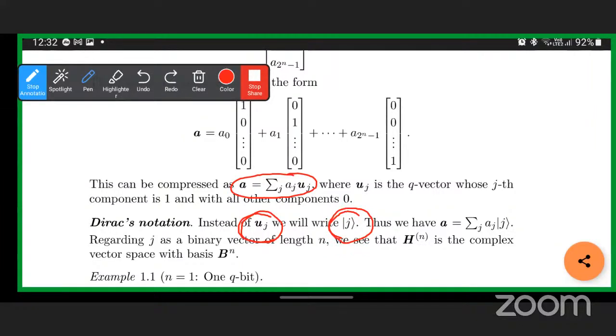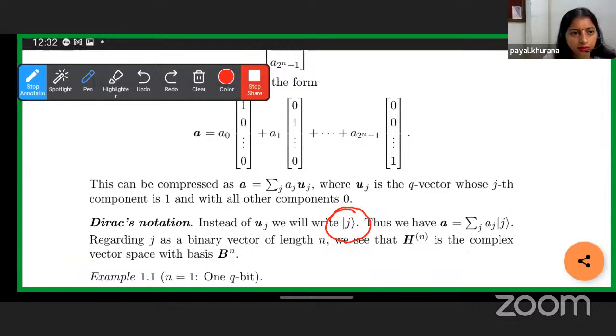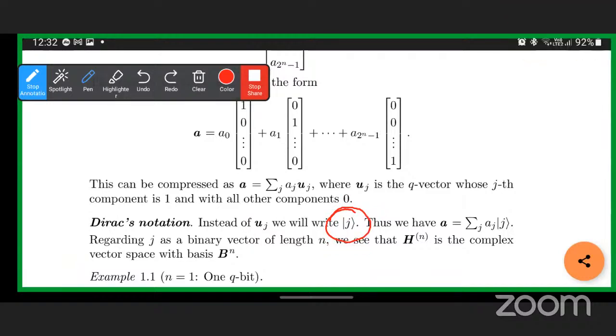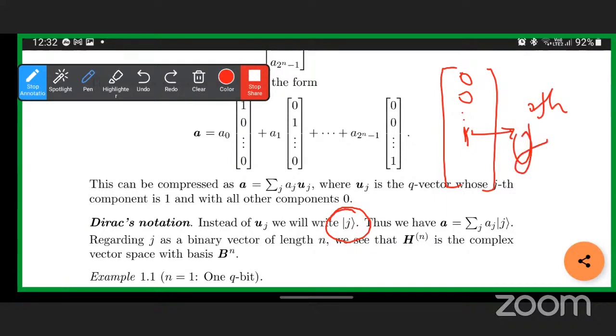We were talking about this notation. So what is this notation? It is the Q vector where everything is 0, and at the jth position we have 1, and 0 elsewhere.